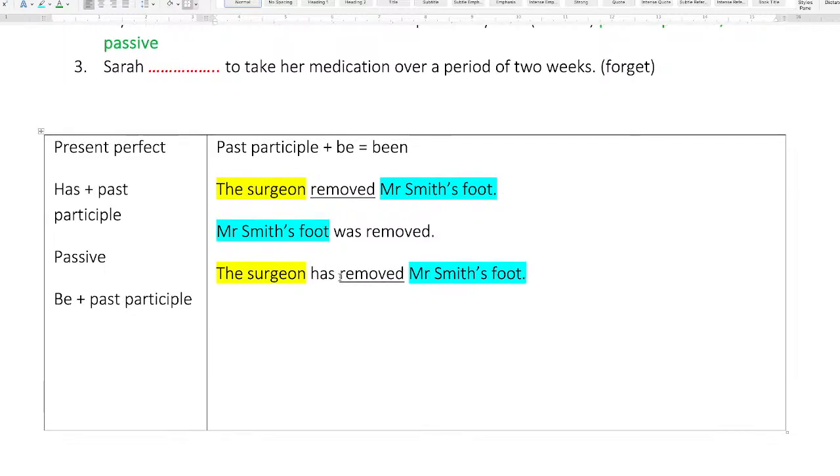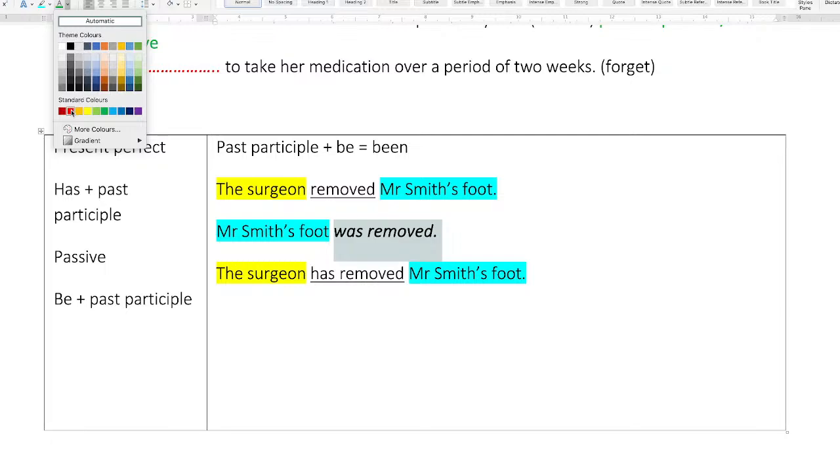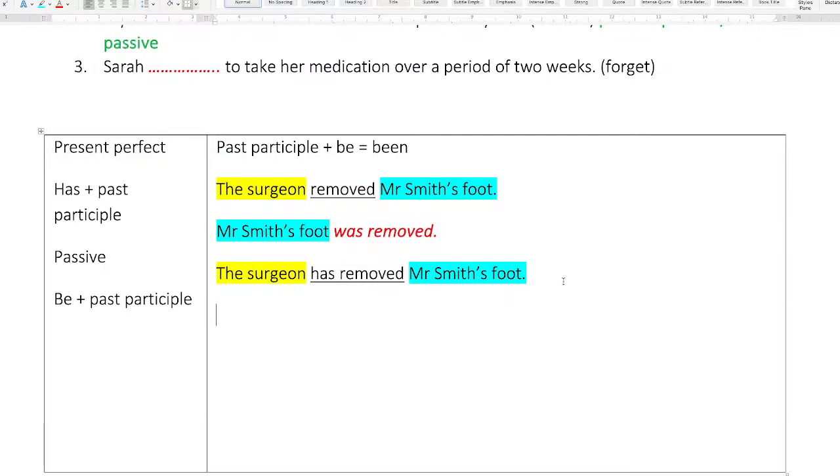Has removed. All right. So now what I have to do is I have to get Mr. Smith's foot back there again. Mr. Smith's foot. I'm going to start with has. Okay. So let's say has.